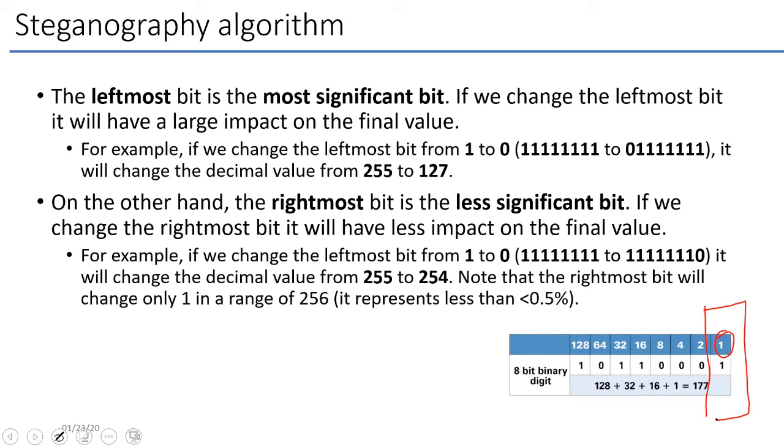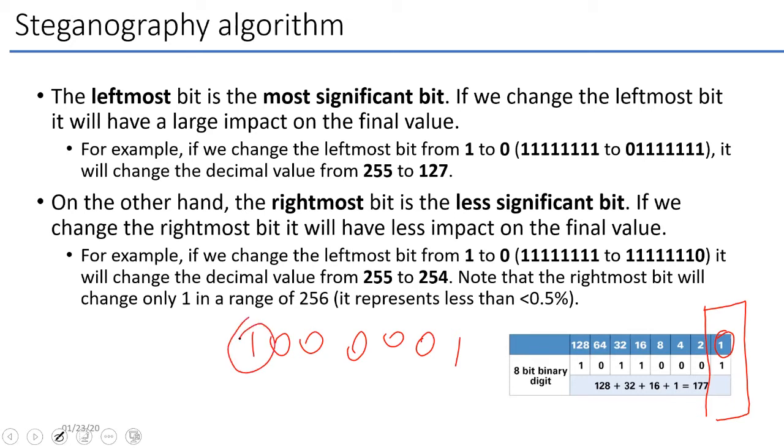For example, if I want to embed a value called A, whose ASCII representation is 65, I need to embed it in binary, like 01000001.